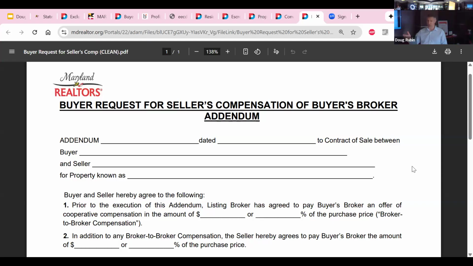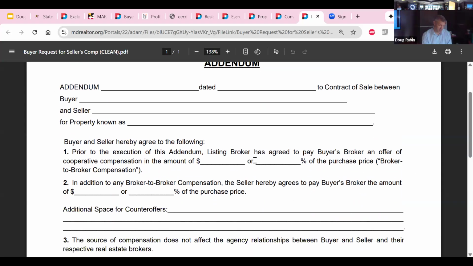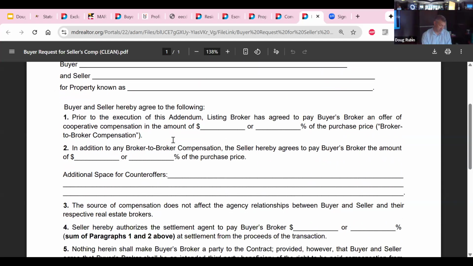So if you want to request 2.5%, you would put it here. There's a 1, there's a 2, and there's a 4. 1 plus 2 has to equal 4. Sometimes the sellers will pre-negotiate and say, "I'm good with 2.5%, go for it," and provide you with a document saying 2.5% is already contemplated.